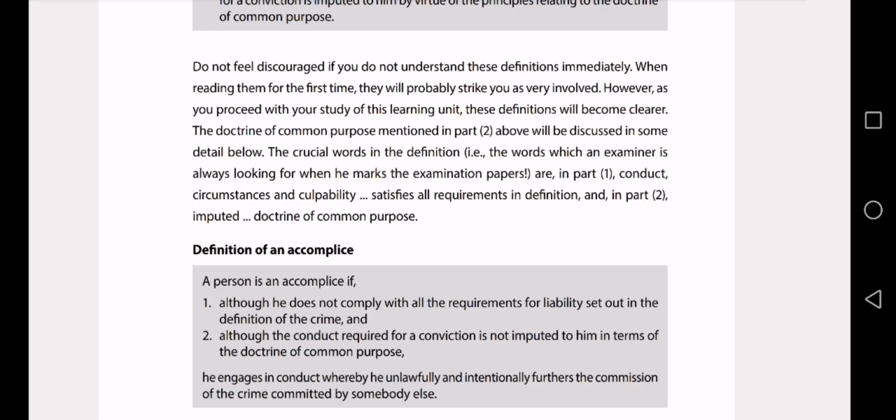The crucial words in the definition, i.e., the words which an examiner is always looking for when he marks the examination, are in part 1: conduct, circumstances, and capability, satisfies all the requirements of the definition, and in part 2: imputed, doctrine of common purpose.